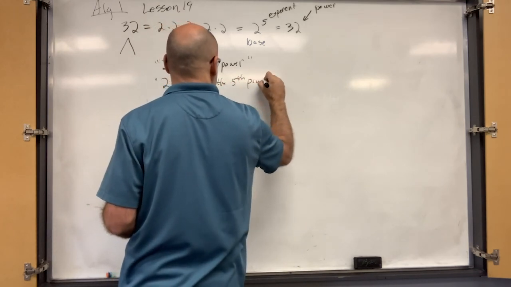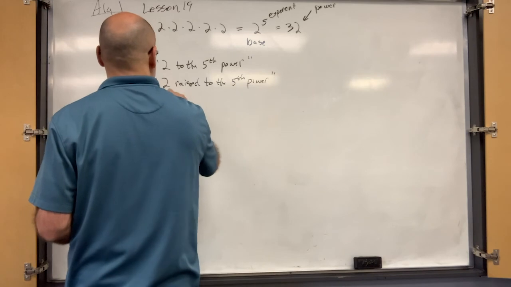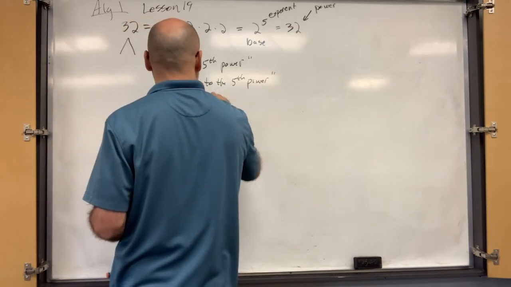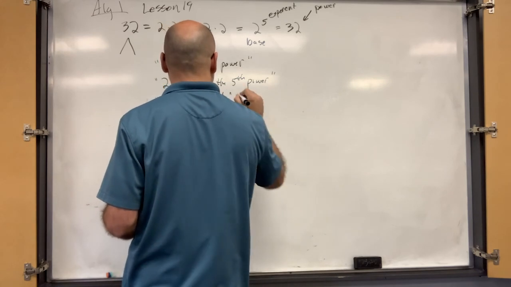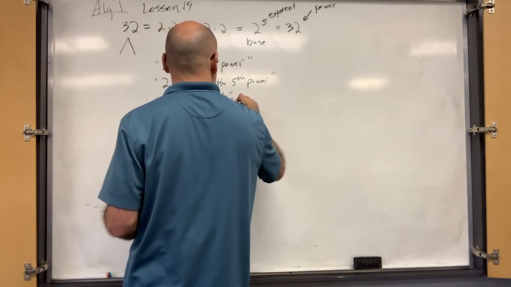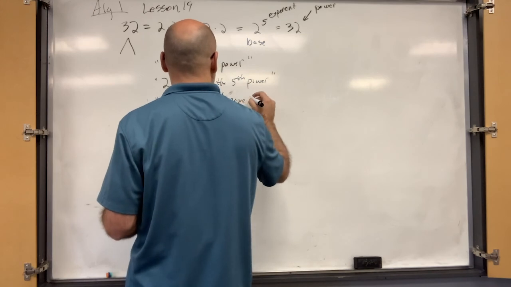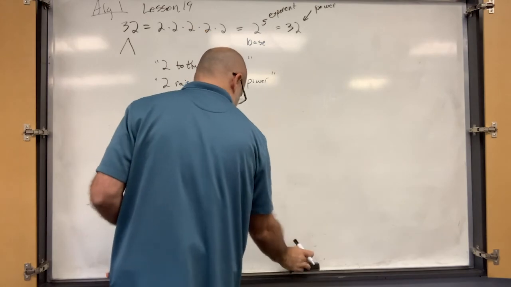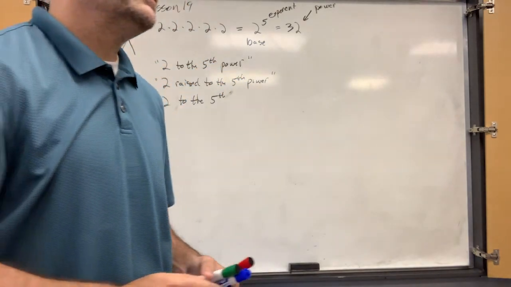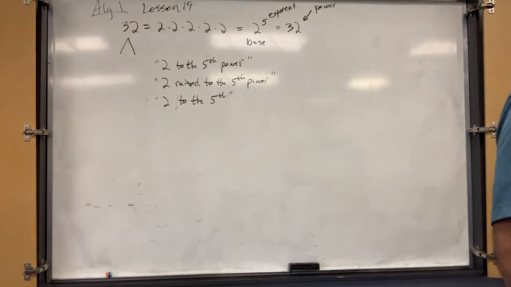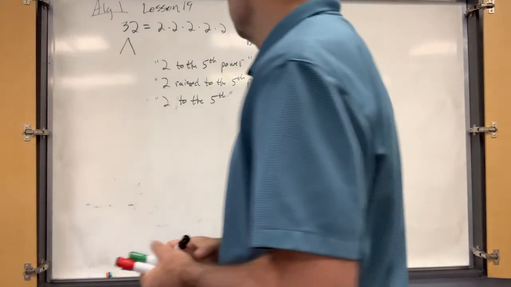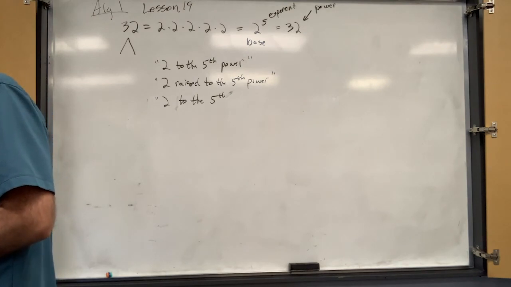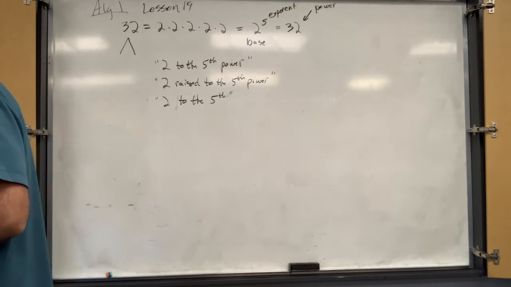It's real fancy. 2 to the 5th or 5th power. 2 to the 5th, you could drop the word power or raise to the 5th, and people would assume what you're talking about. So the 5th power of 2 is 32. 2 raised to the 5th power.